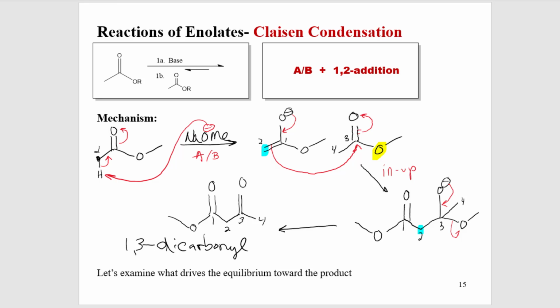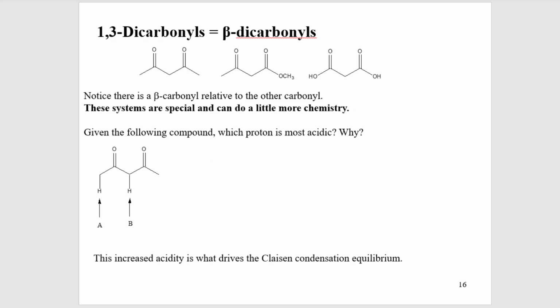So let's examine driving these reactions towards these products. Notice the equilibrium arrows I have at the top. Notice that the beta dicarbonyl, right? So any one of these systems, you could have a keto-keto, you could have a keto ester, you could have an acid-acid, but they all have a 1,3 relationship.